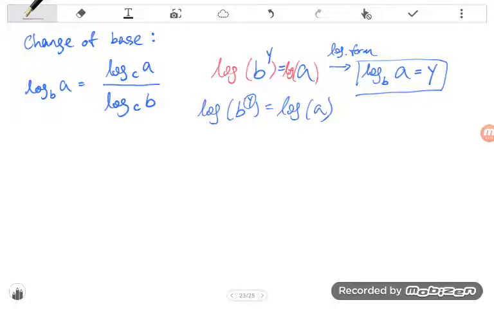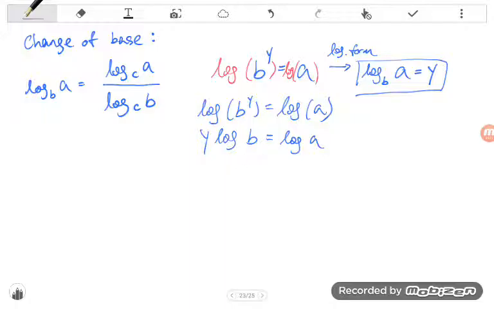Some of you might be thinking, I can pull that y to the front because it's the exponent. That's one of the laws of logarithms, right? So I get y times log b, and remember the base is 10, because we don't write the base, which means by default the base is 10. This is equal to log a.